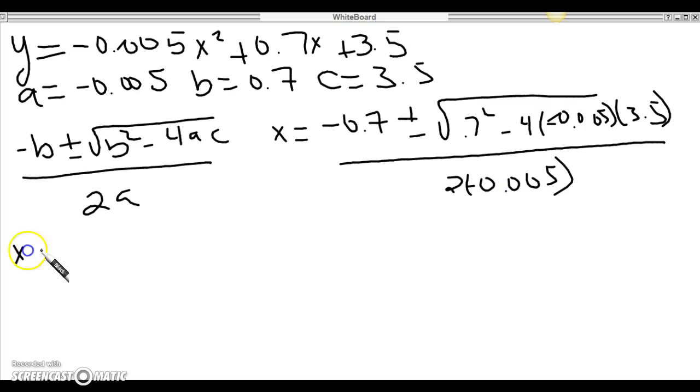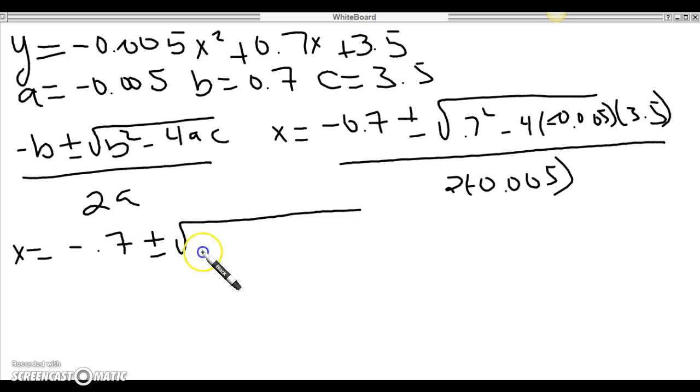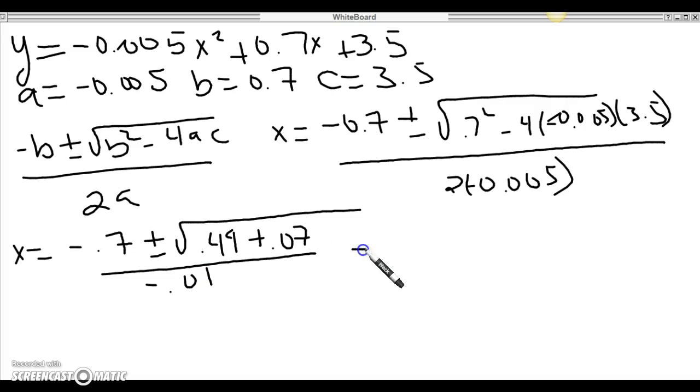So I'm coming over here and I get negative 0.7 plus or minus the square root of 0.49 plus 0.07, I just evaluated, divided by negative 0.01. Again, I just evaluated.